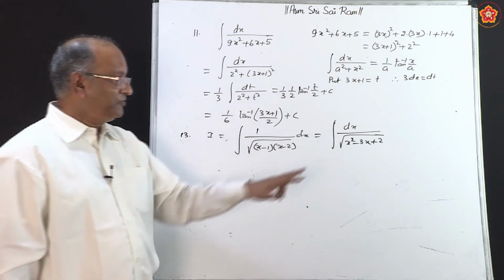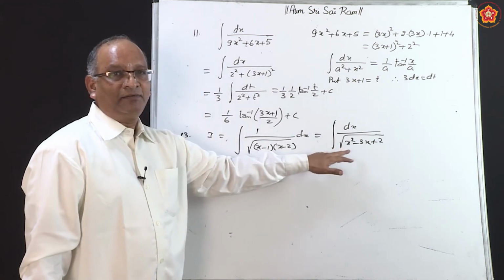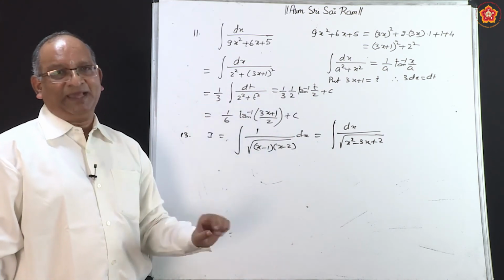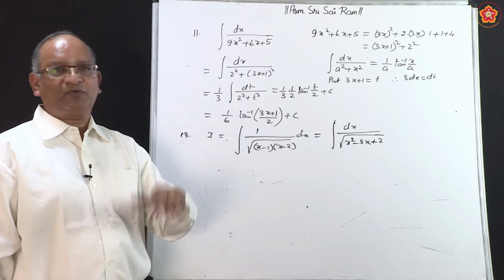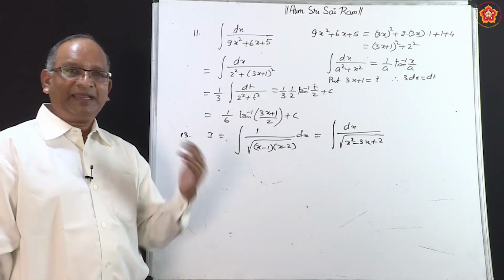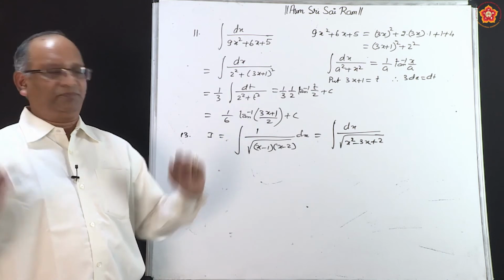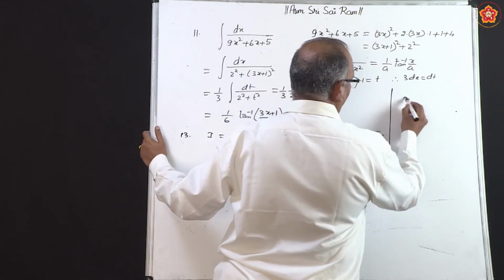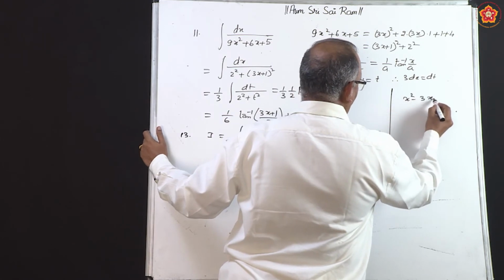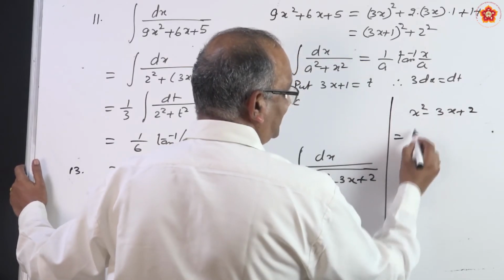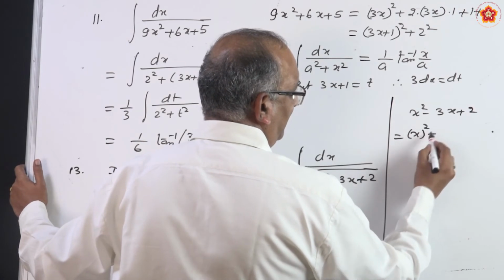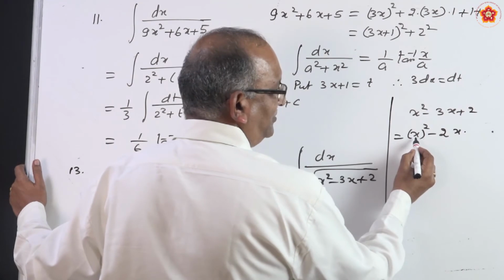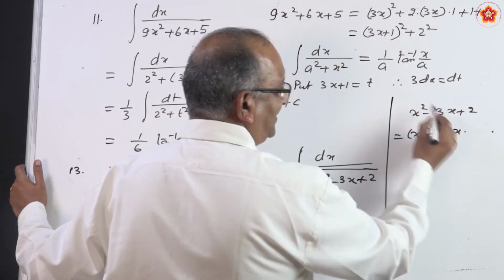What is our objective? Try to write this, by using the method of completion of squares, in one of the forms: x square minus a square, or x square plus a square, or a square minus x square. So just take that separately. Let us say we have x square minus 3x plus 2. How to write it? First term squared, minus 2 into first term x into b. Now think what we should take as b so that the product is 3x.